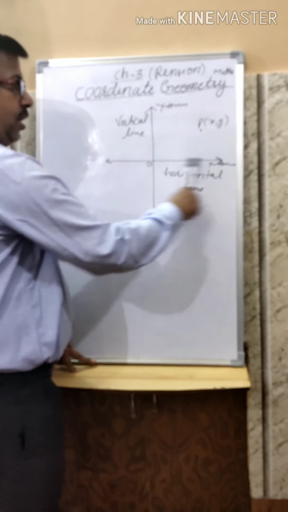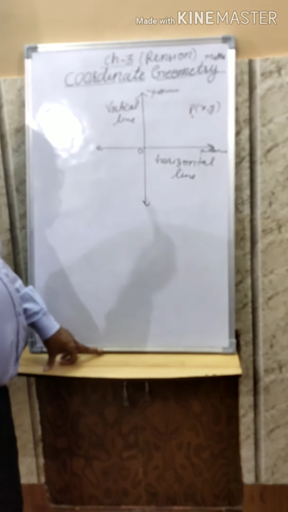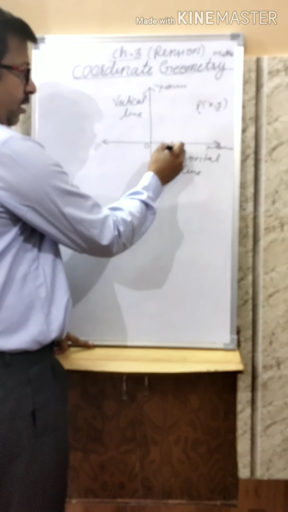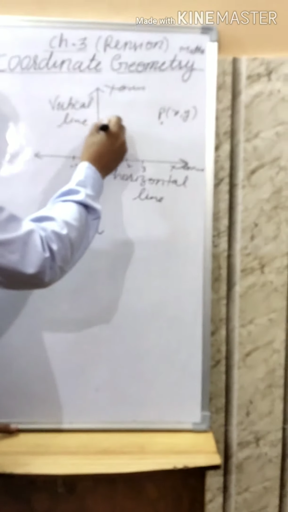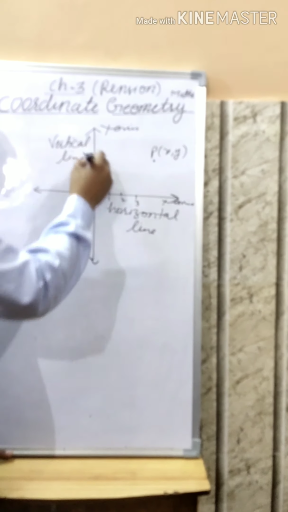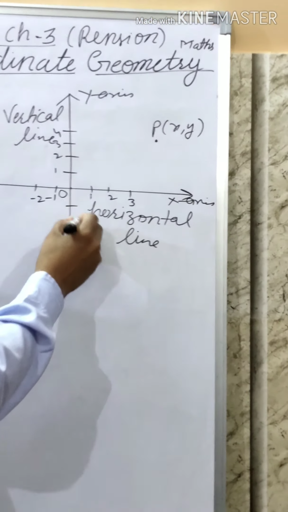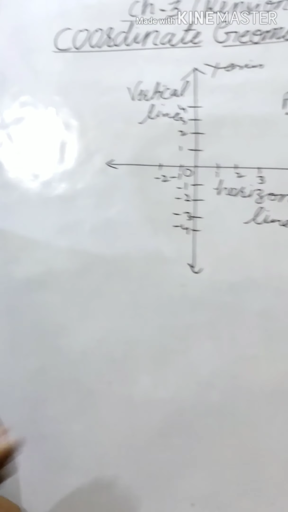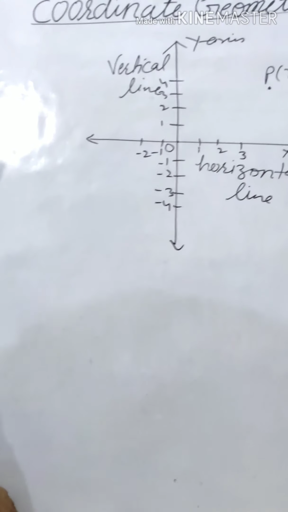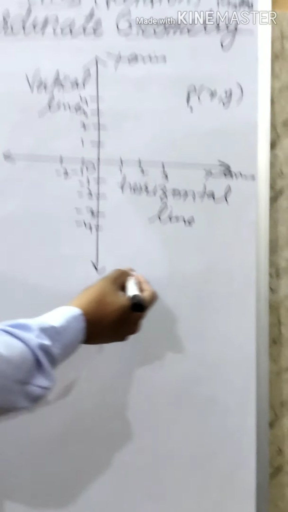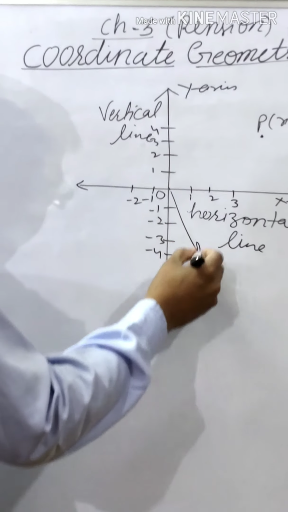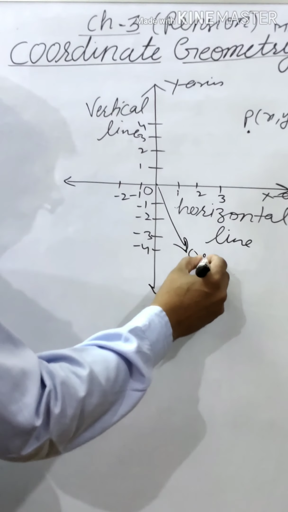These two are number lines. This horizontal number line is known as x-axis, and the vertical number line is known as y-axis. The x-axis and y-axis both intersect at point O, and this point O is called origin.